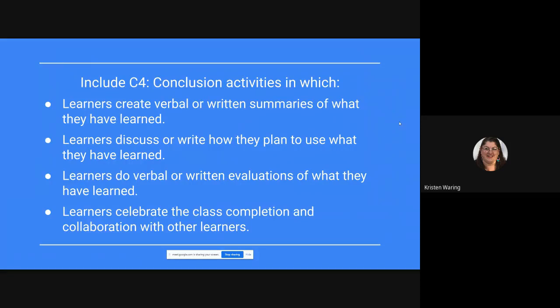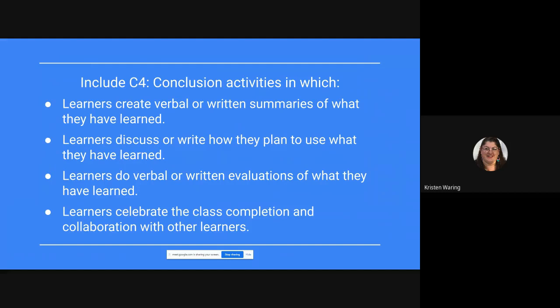Some points to think about with a conclusion activity, and again, these are all similar, just a little bit different. We want learners to be able to create a verbal or written summary of what they had learned. Remember, we don't just want to say, okay, go off and think about this. We want them to actually do something. So either talk about it, write it down, anything to summarize what they've learned.